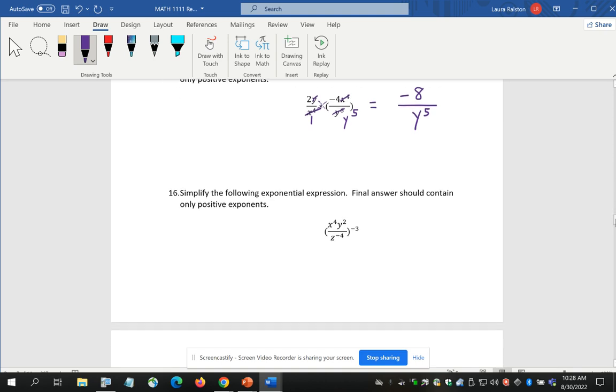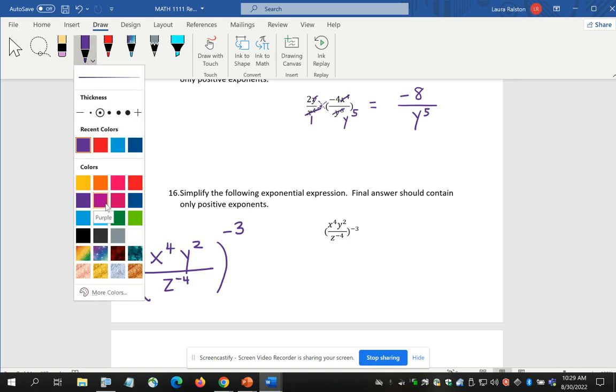Question 16, it looks really weird. It might help you to let me rewrite it where you can maybe see it a little bit better. We have x to the fourth y squared over z to the -4, and that's actually raised to the exponent -3. There's several approaches you can take here.